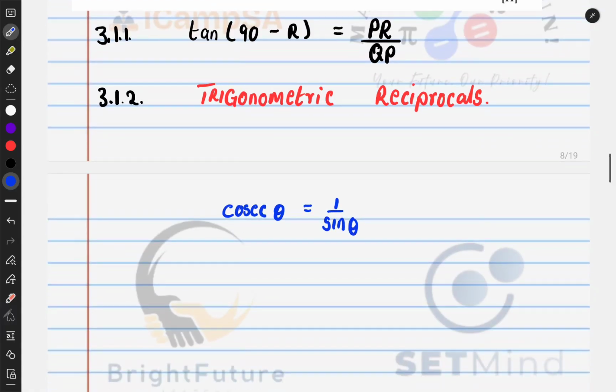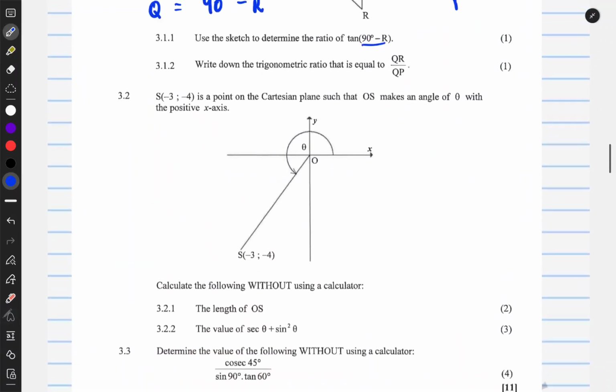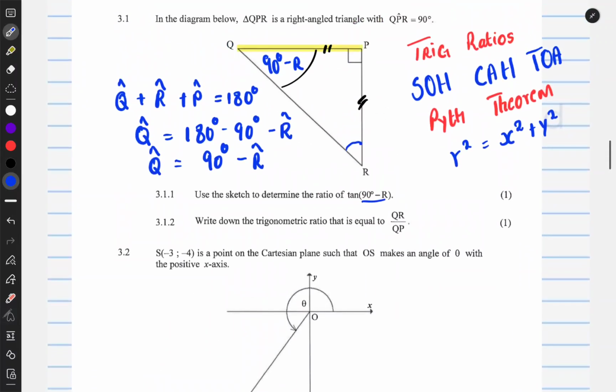Then we have sec theta, or secant theta, which is equal to 1 over cos theta. In other words, it is the reciprocal of cosine theta. And then we have cot theta, which is the reciprocal of tan theta.